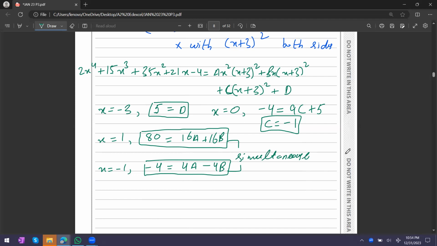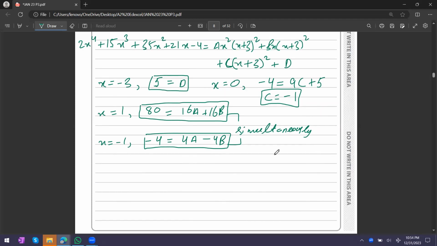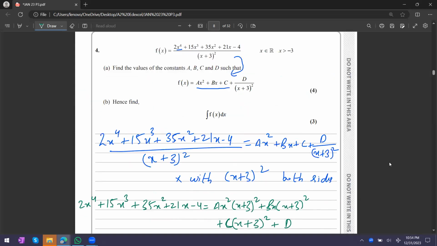You can use the calculator function, which I normally use to solve simultaneous equations very fast. That will give you a is equal to 2 and b is equal to 3. So all the letters are found. We can now move to the integration part.